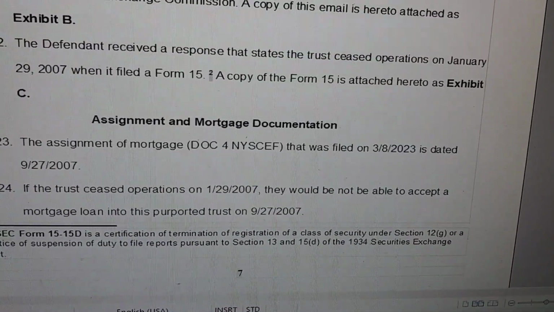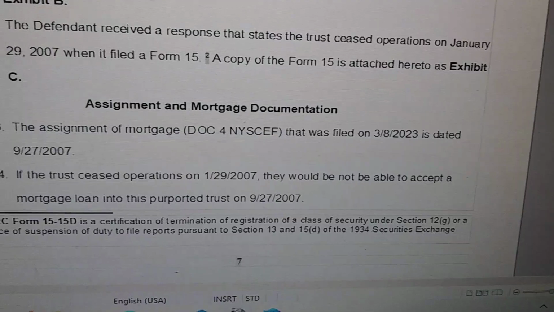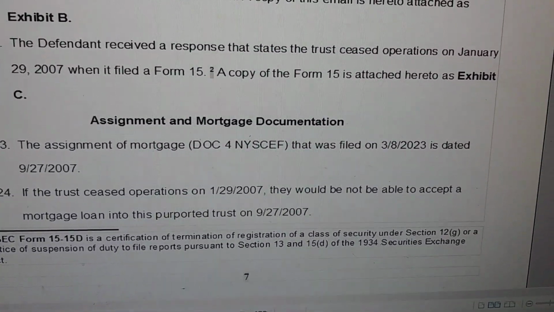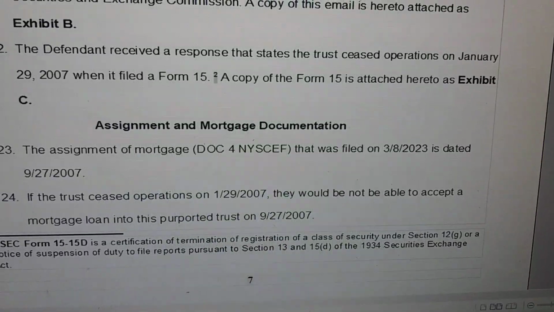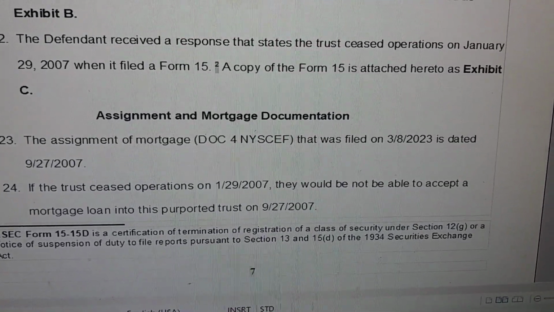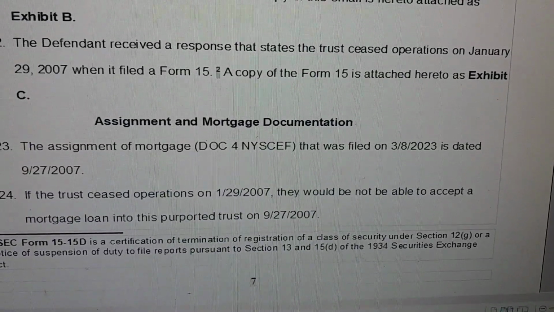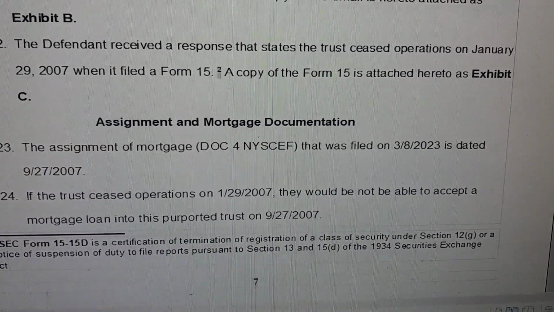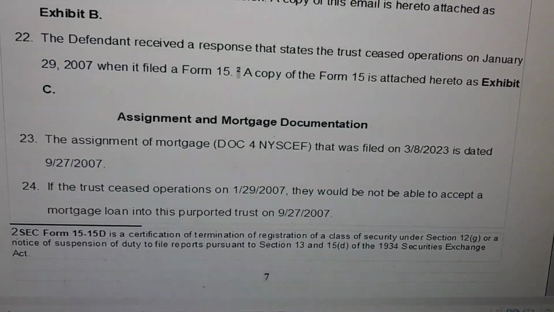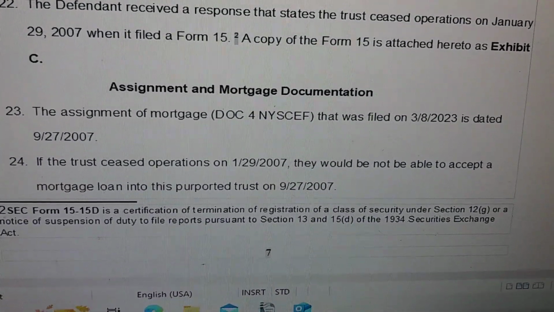Assignment and mortgage documentation. The assignment of mortgage, Doc 4 in NYSCEF, that was filed on 3/8/23 is dated 9/27/07. If the trust ceased operations on January 29, 2007, they would not be able to accept a mortgage loan into this purported trust on 9/27/07.